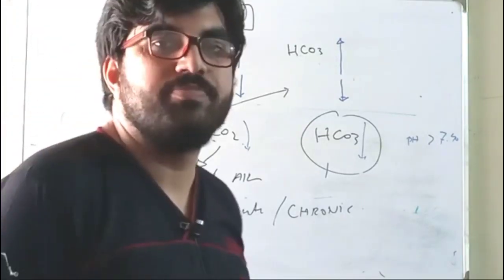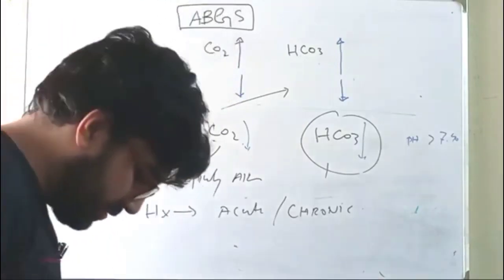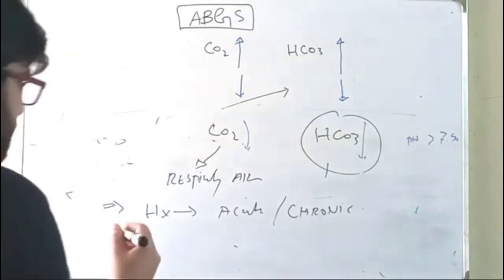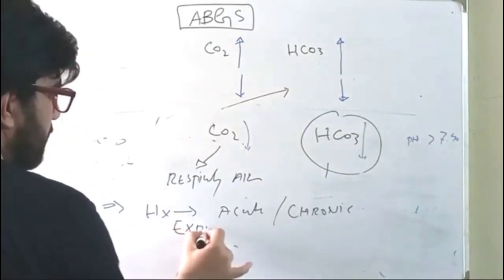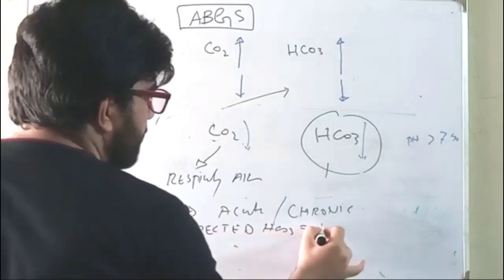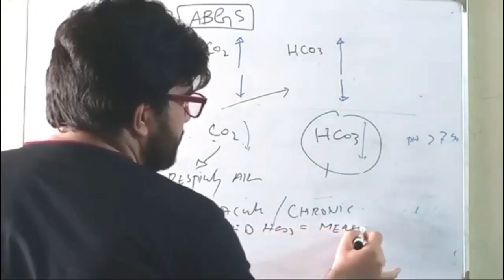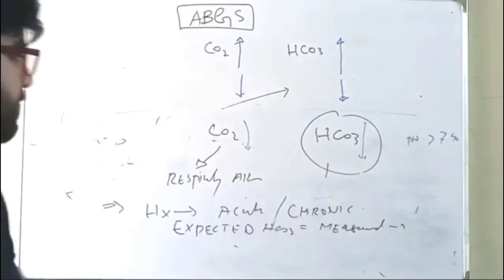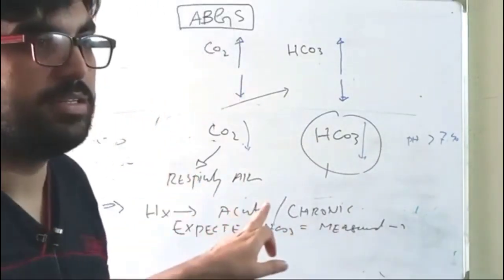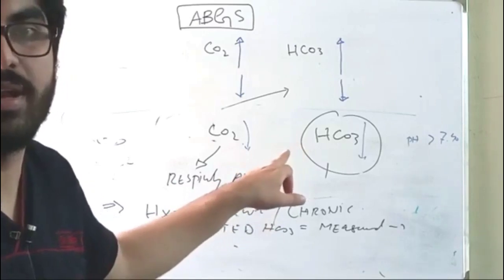So you might get the expected value from that, and if the expected bicarbonate is equal to the measured, that is in the ABGs, then this is compensation, and if it is less than that, then there is concomitant metabolic acidosis.